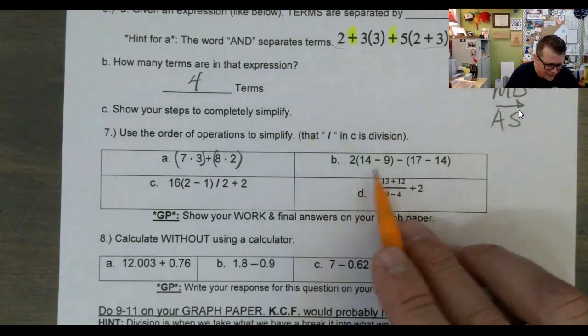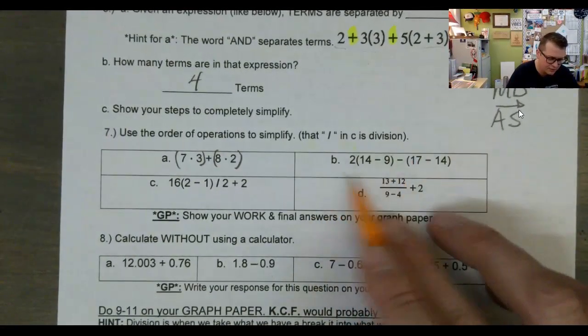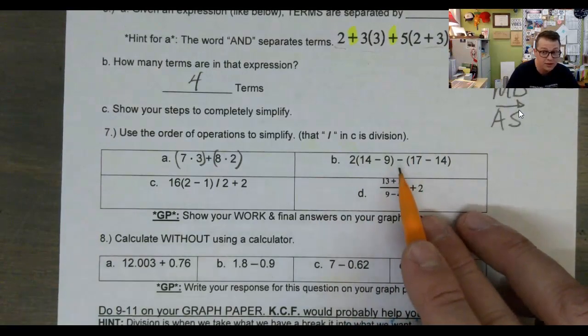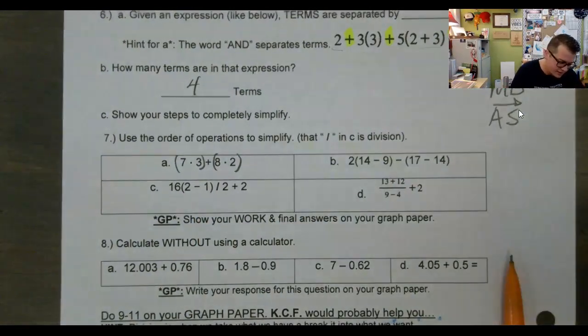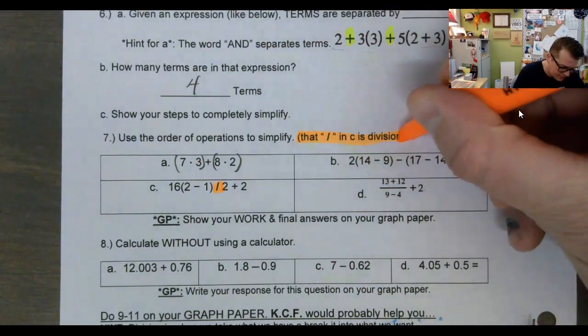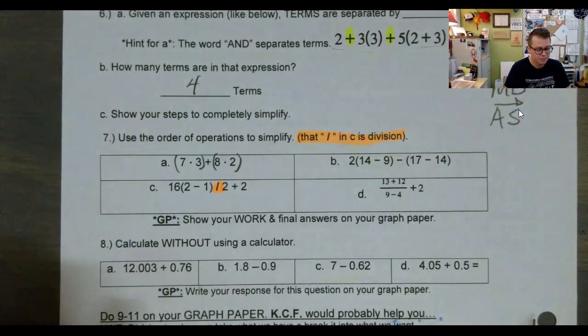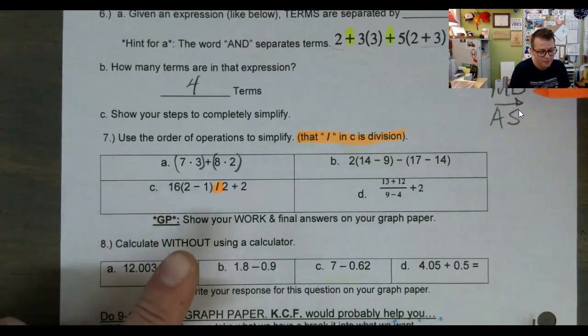In 2, parentheses first, then multiply. After the multiplication, we can then subtract. In C, this is division. I tell you that. That's division. So, parentheses first, then multiplication and division, working left to right.